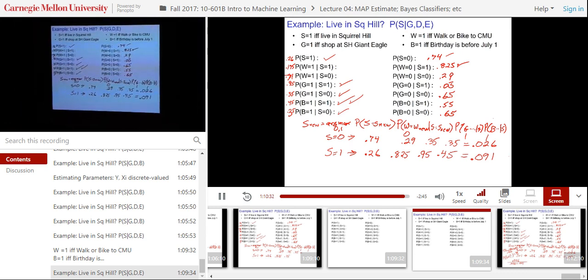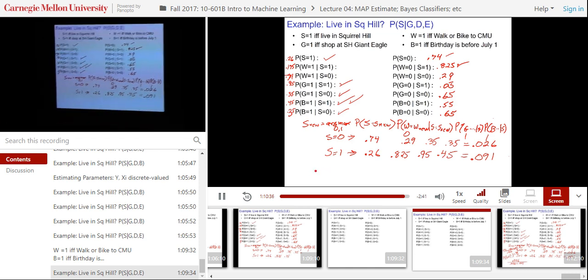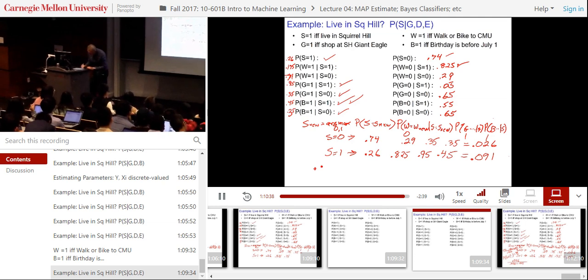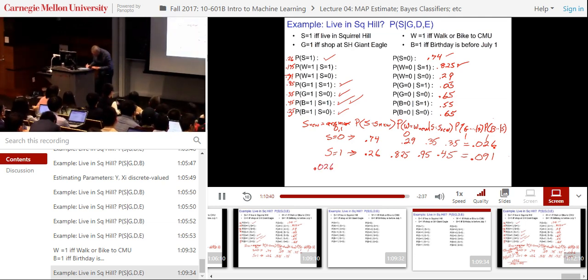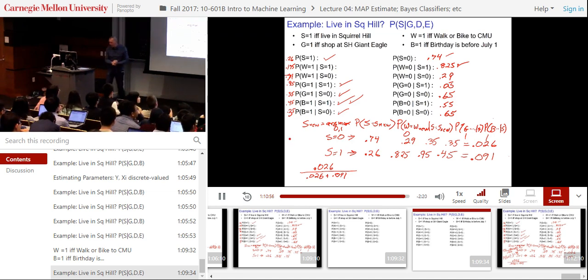Actually, if we wanted to turn them into probabilities, then looking back at Bayes' rule, you can see that what we want to do is take 0.026, the quantity associated with the assumption that S equals 0, and divide it by 0.026 plus the other number. So if our calculator could give us that, it would be helpful.